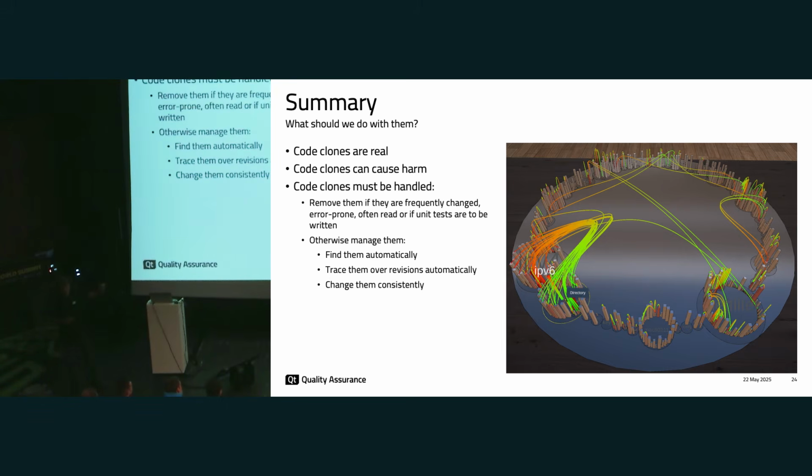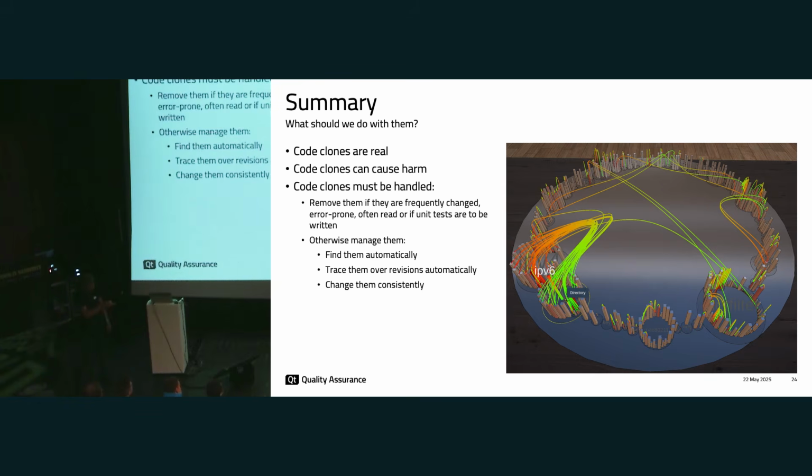The color from white to red is a color gradient proportional to the degree of redundancy. The more code clones in this file, the redder. And a line connects two files exactly if they share the same clone.